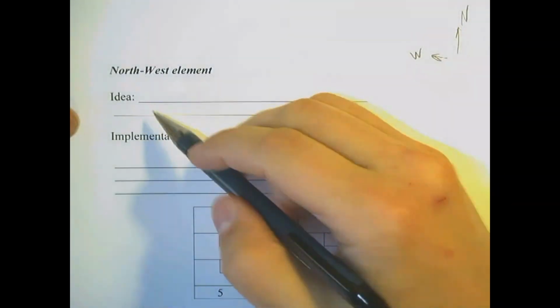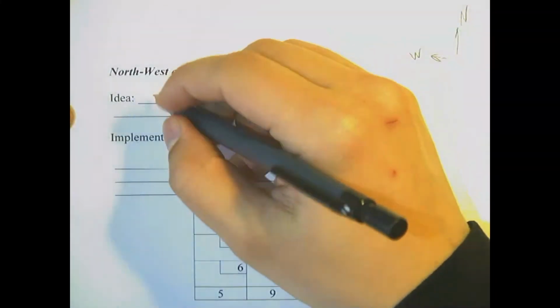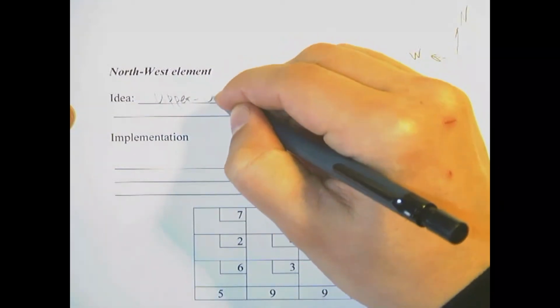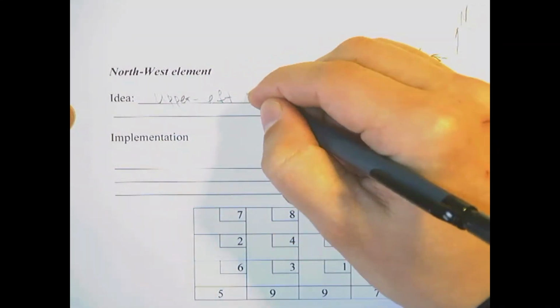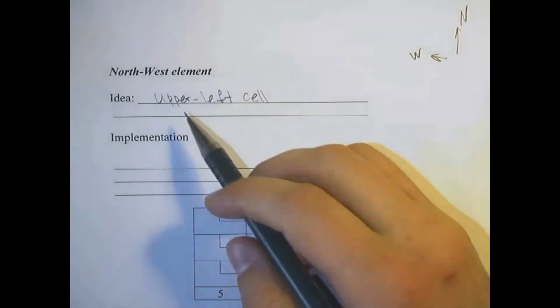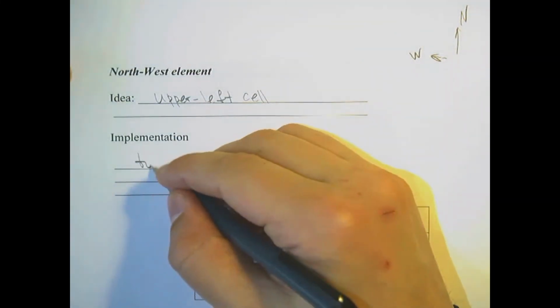In the table, we always fill the upper left cell. And in the implementation, we use the northwest element approach only to find a feasible solution.